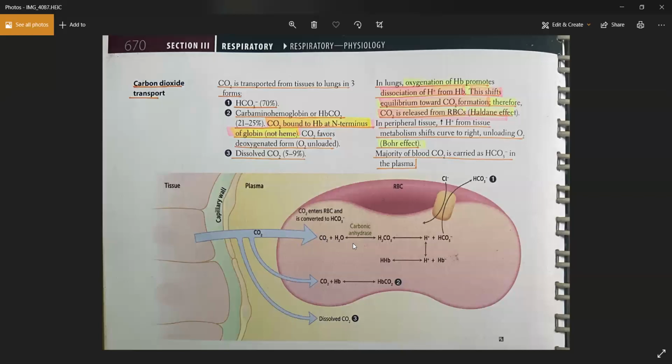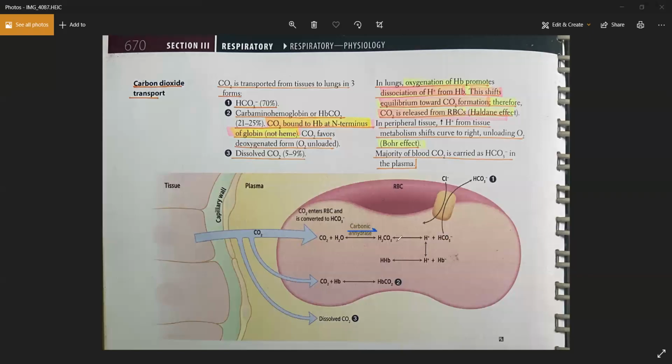If you remember from the renal lectures, the function of this enzyme is to combine these two to form carbonic acid. Now this carbonic acid will be dissociated into H plus and bicarbonate. And this again creates an equilibrium state. You have the conversion of CO2 and H2O into H2CO3.